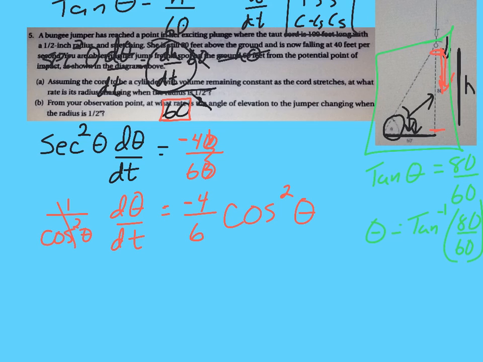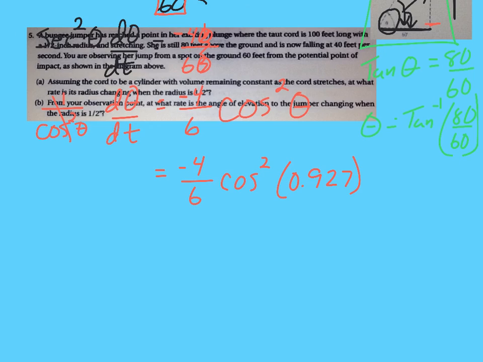Now, when we're working here, make sure my calculator is in radians. I'm in radian measure for all my trig stuff. So I'm going to go inverse tan of 80 divided by 60, and my angle, theta, is 0.927. So I have negative 4 over 6 cosine squared 0.927. So that's our setup.